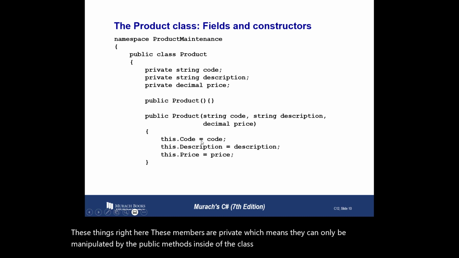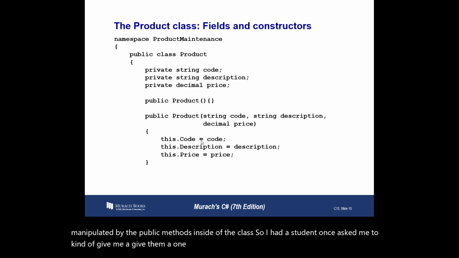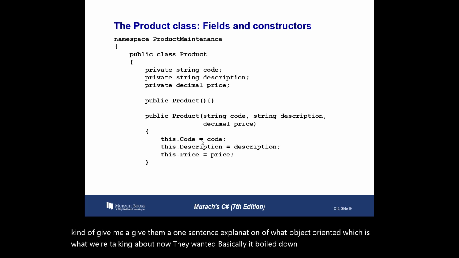So I had a student once ask me to give them a one-sentence explanation of what object-oriented programming is, which is what we're talking about now. They wanted it boiled down into a one-sentence explanation.